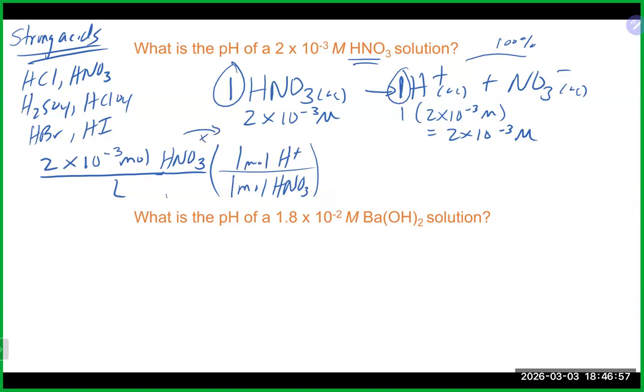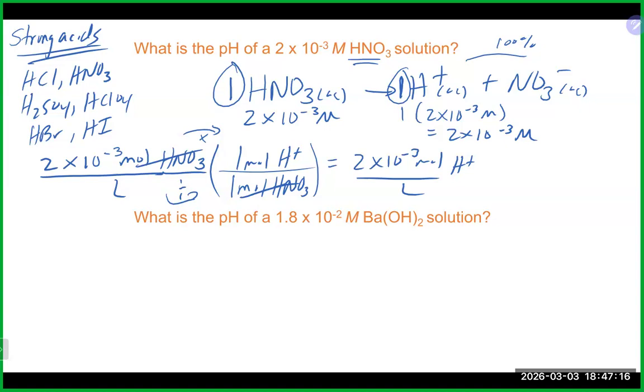Going to multiply and divide. The moles of HNO3 will cancel. We'll be left with 2 times 10 to the minus 3 moles per liter of H plus. That's the long version of multiplying by the coefficient, which is basically stoichiometry.